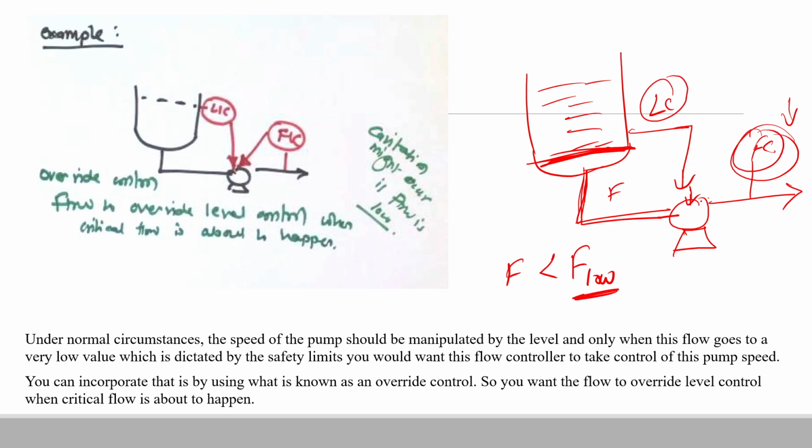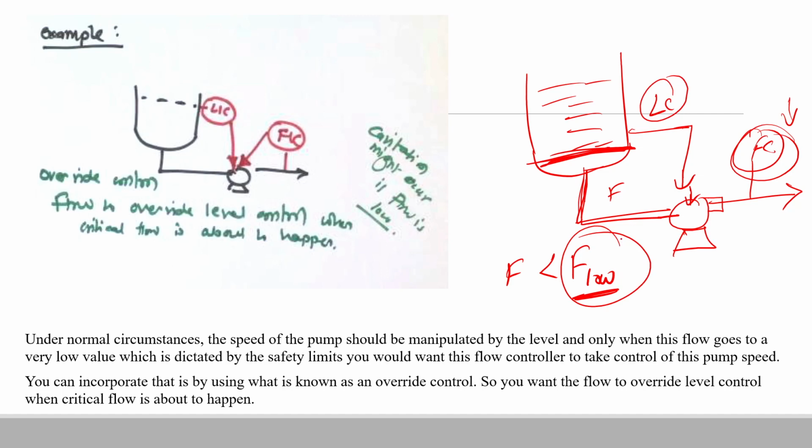So if you are using a pump, you would have known this problem of cavitation, whereby if the flow rate is very low, then there will be vapor generation in the pump that will lead to the cavitation, and that will lead to corrosion, and it will ultimately damage the pump. So you need to maintain a minimum flow rate through this pump.